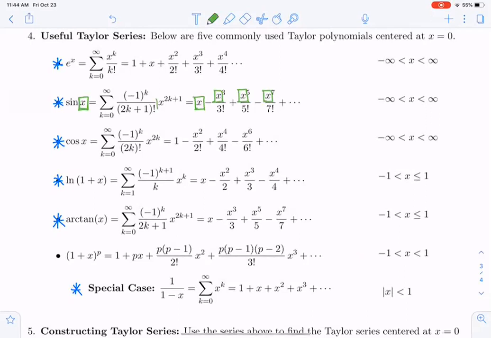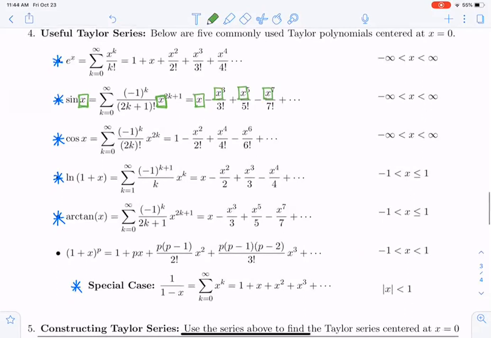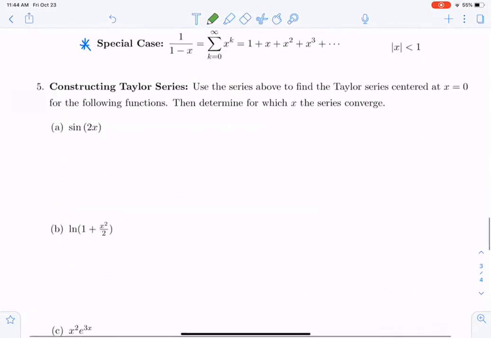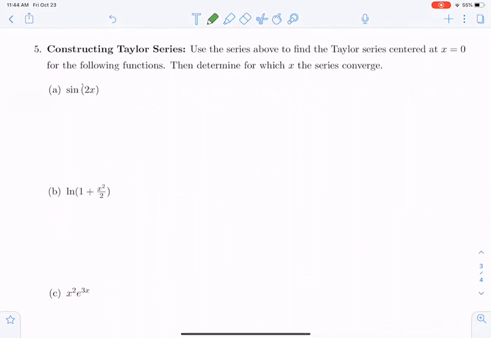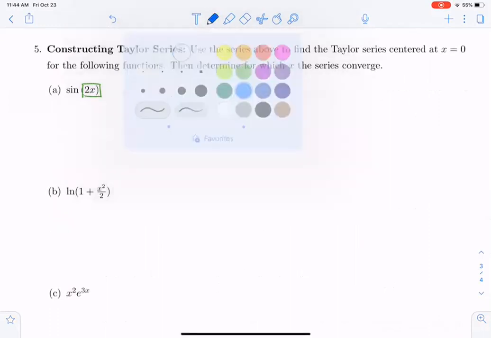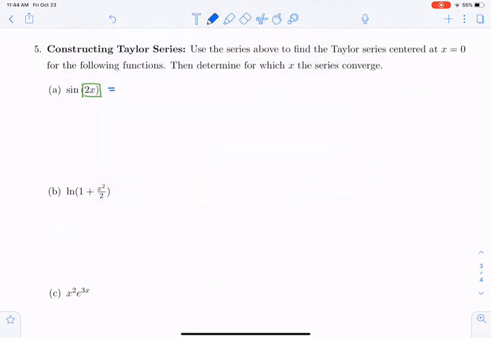So you can think about it as some sort of box to the 2k plus 1. And so what I can do is substitute things like sine of 2x. What's inside my box there is 2x. So what is the series for the sine of 2x?